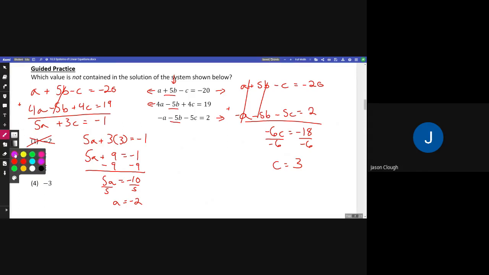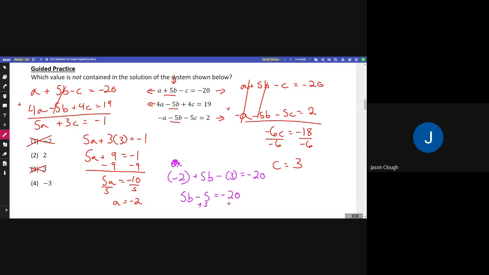Now all we have to do is figure out what b is. Doesn't matter which equation I use. So I'm just going to use the first equation. So a plus 5b minus c equals negative 20. So negative 2 minus 3, that ends up getting me 5b minus 5 equals negative 20.